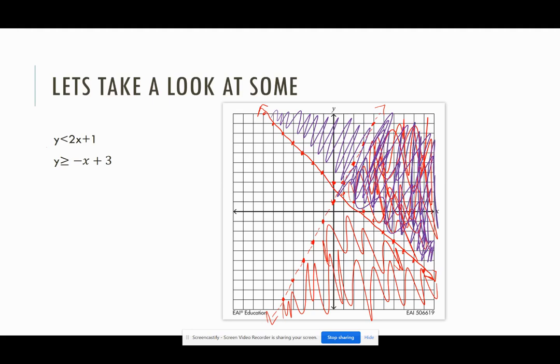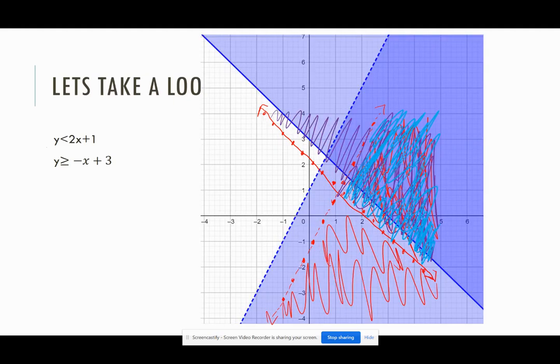So I have 3 different colors here. This is my final answer, the part that they both contain. So not down here, not over here. All right, and as you can see on that graph, it's there as well.